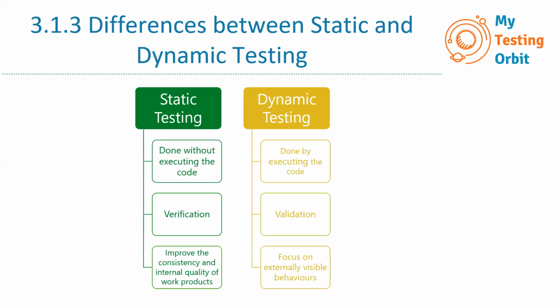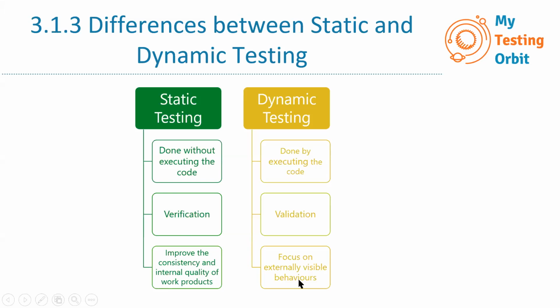Static testing improves the consistency and internal quality of work products. As it's done in the early stages of the project, if we identify those issues earlier, then we can make sure that the quality is consistent across all the work products.